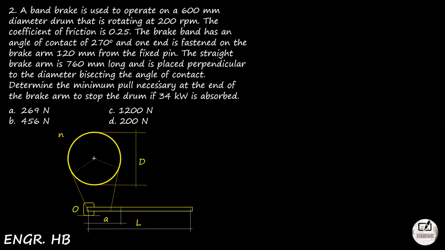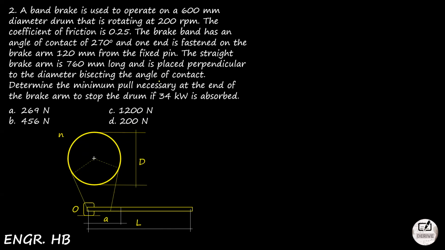Okay, number 2. A band brake is used to operate on a 600 millimeter diameter drum that is rotating at 200 RPM. The coefficient of friction is 0.25. The brake band has an angle of contact of 270 degrees and one end is fastened on the brake arm 120 millimeters from the fixed pin.